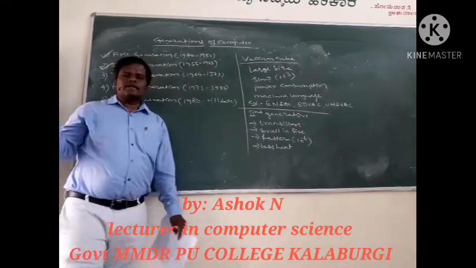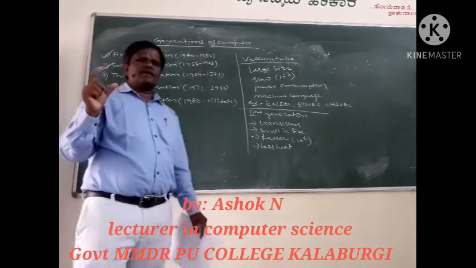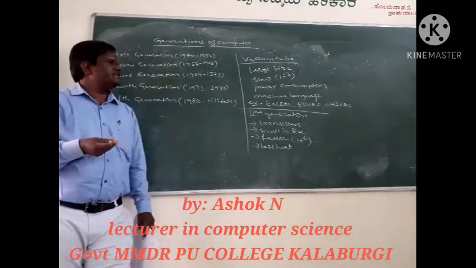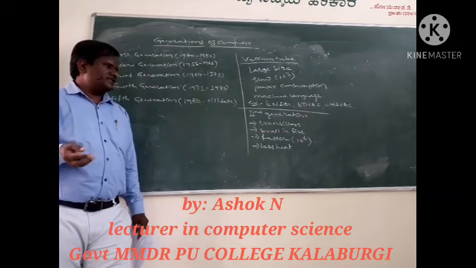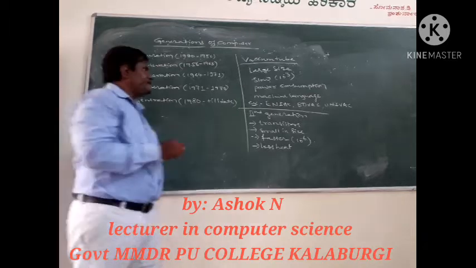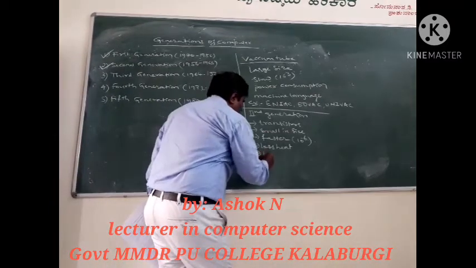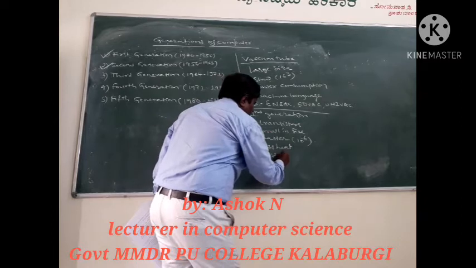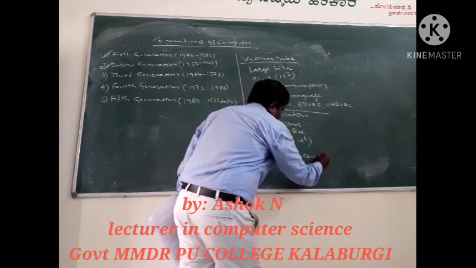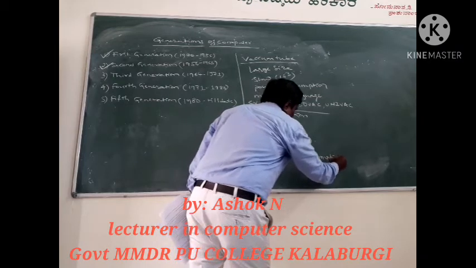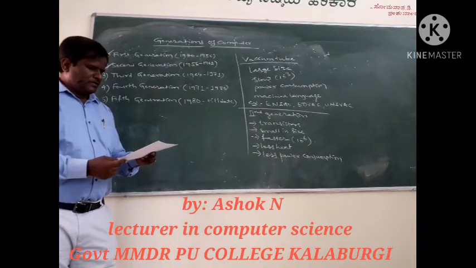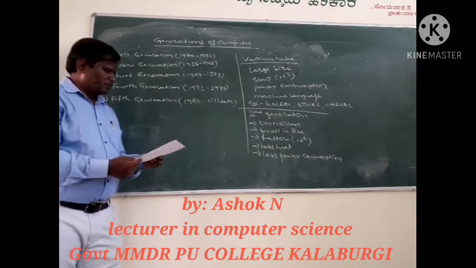As the electrical connections and wires are very less, or the switches used are less, therefore the second generation computer produces less amount of heat compared to the first generation computer, and also less power consumption. Power consumption is also very less compared to the first generation computer.